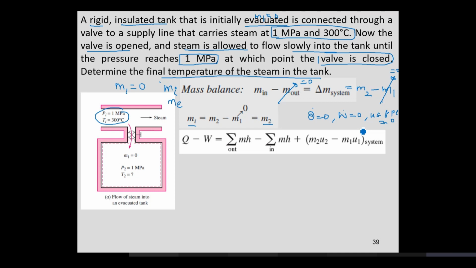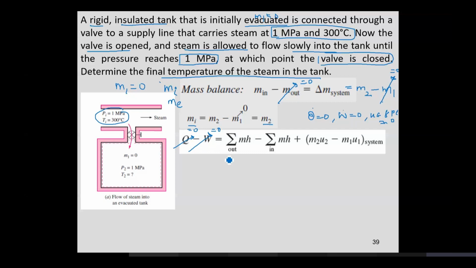The mass at the initial state is 0, so this term is 0. Essentially, you have a single inlet, so Mi Hi is equal to M2 U2. And from the mass balance equation, Mi and M2 are the same, so they cancel out.